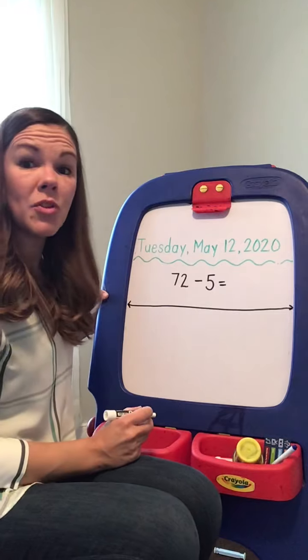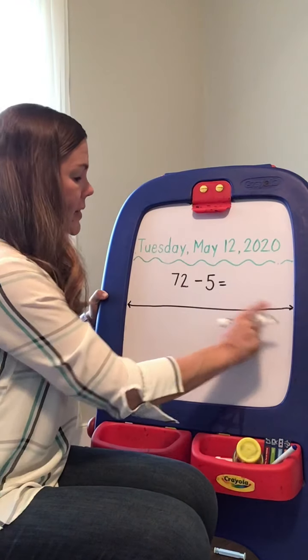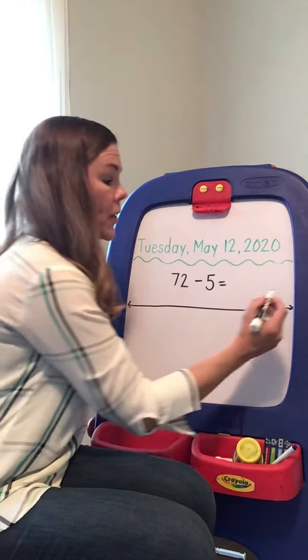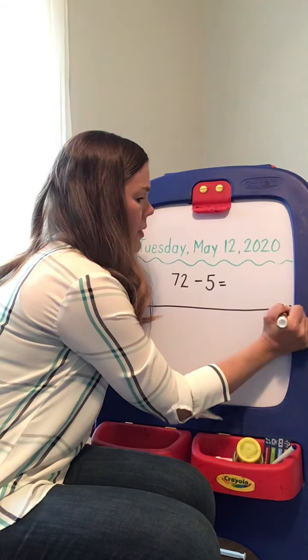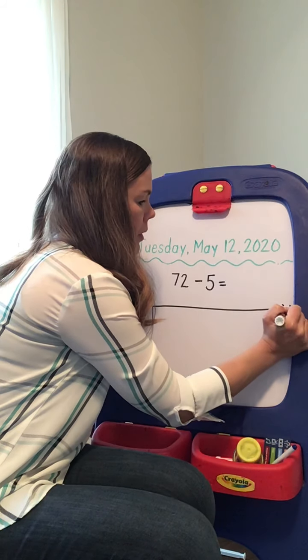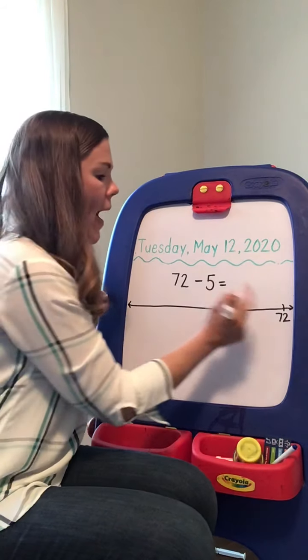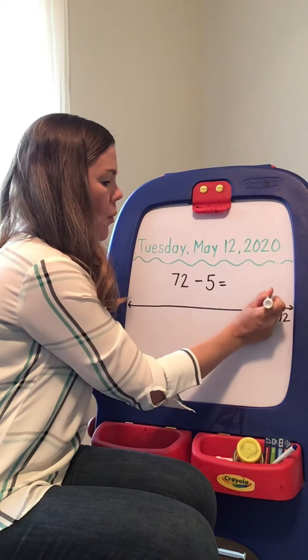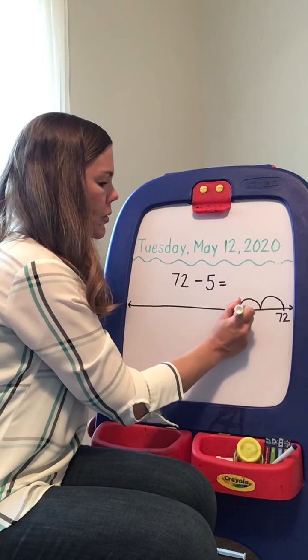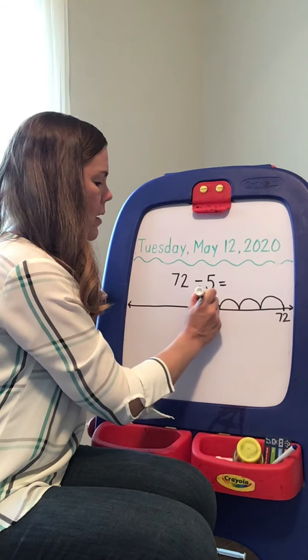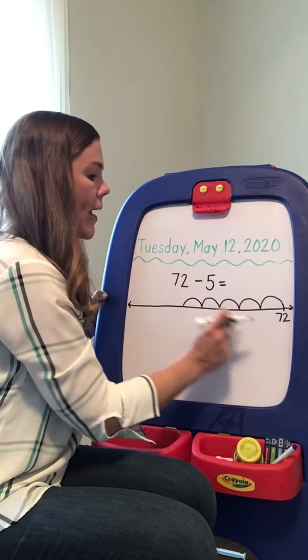And I'm going to subtract, which means I'm going to start on the right side. Start with our big number here, which is 72. And I have to do 5 jumps back. Are you ready? Let's do it. 1, 2, 3, 4, 5.